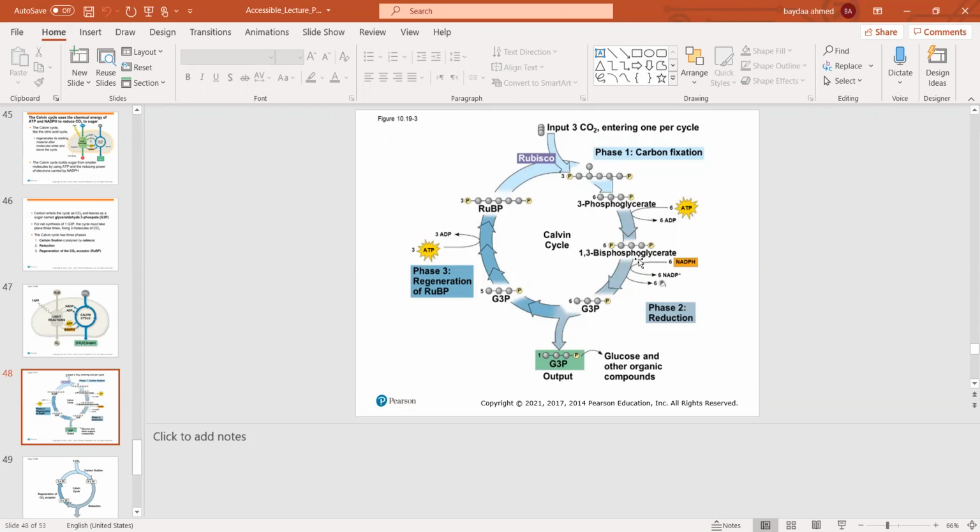For every 3 carbon dioxide molecules that enter the cycle, 6 molecules of glyceraldehyde 3-phosphate are formed. Only one of these can be counted as a net gain of carbohydrate.